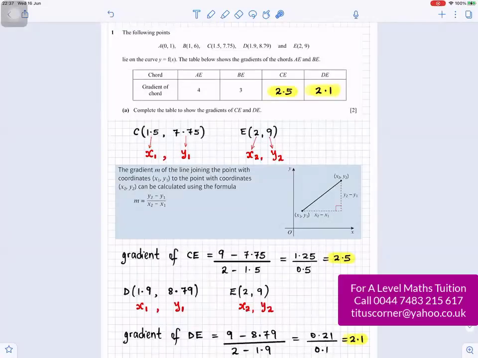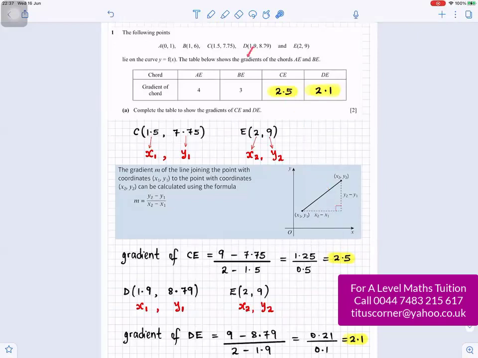So the gradient of CE, 9 minus 7.75 divided by 2 minus 1.5. And that gives you 1.25 over 0.5, which is 2.5. So you fill that in the table, 2.5.